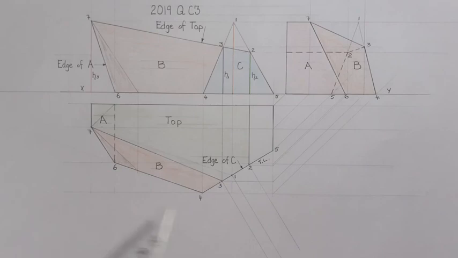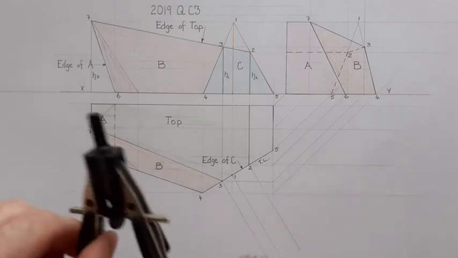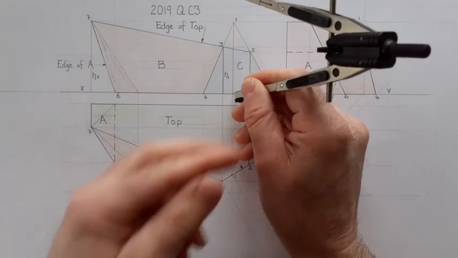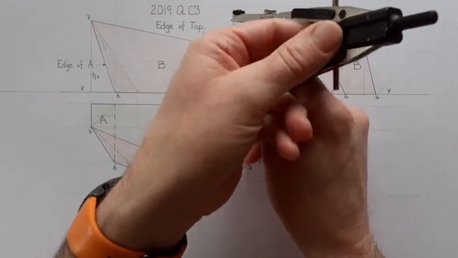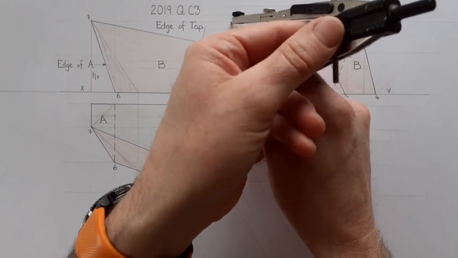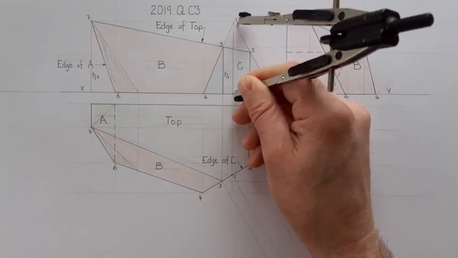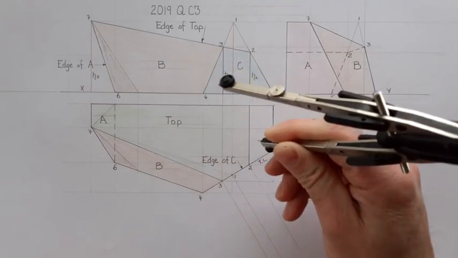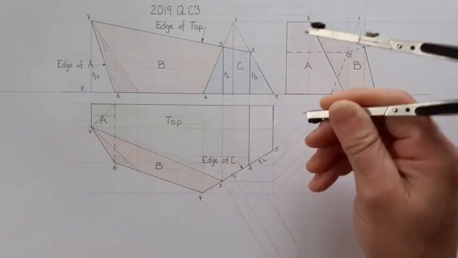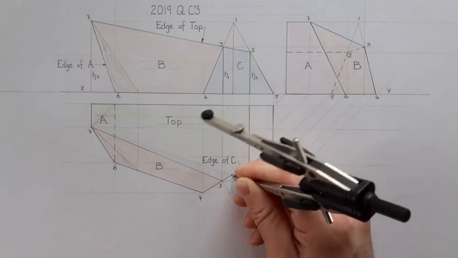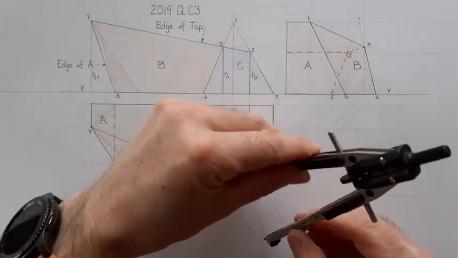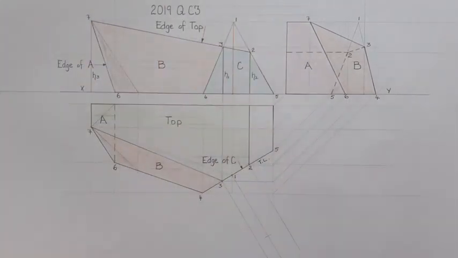Easiest way to do this is to take a height for the point 1, the very top of that triangular surface before it was cut. So take a height for point 1, which I think was 60 millimeters. Okay, take a height for that, bring it out along the line from 1 and mark it there.